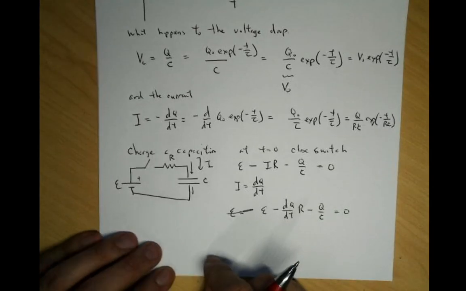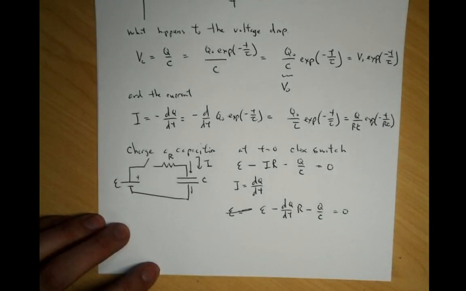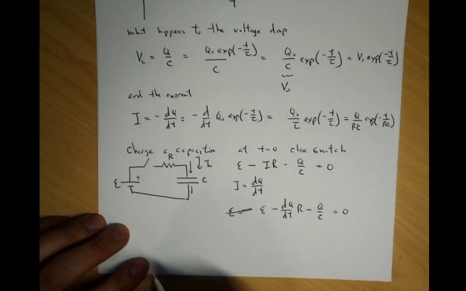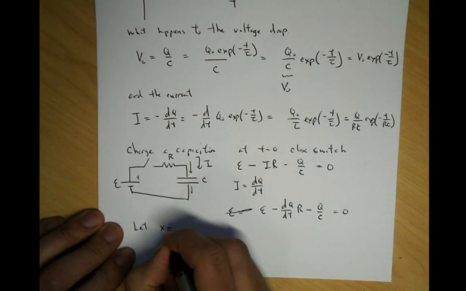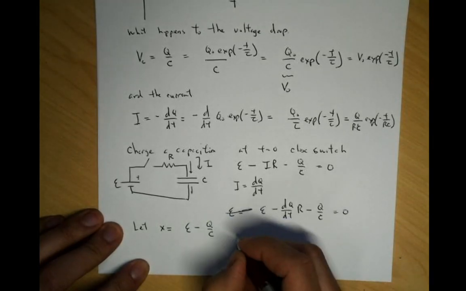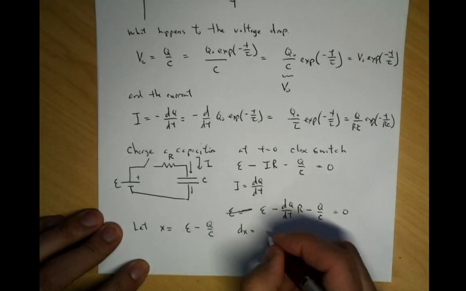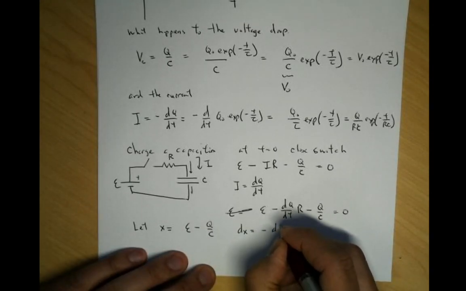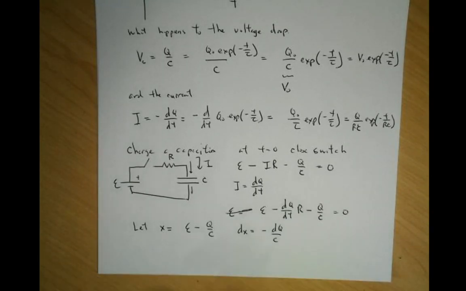Now, to solve this equation, it's not that clear how you would solve it, so I need to do a substitution. I'm going to let x equal epsilon minus Q over C, and then dx is going to be equal to, well, epsilon is some constant now, so minus dQ over C.